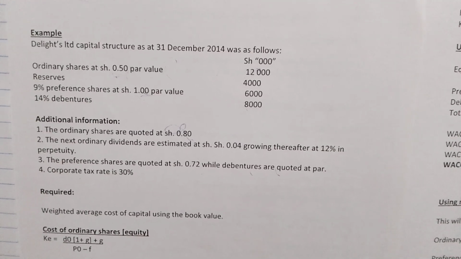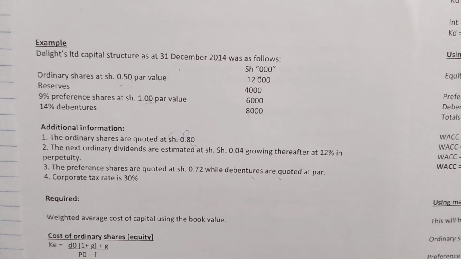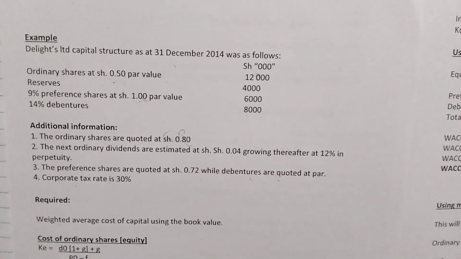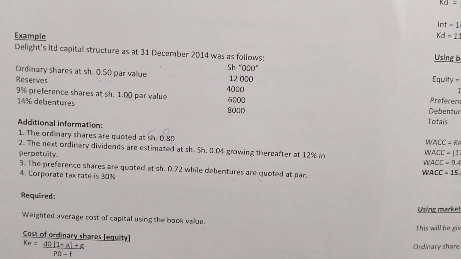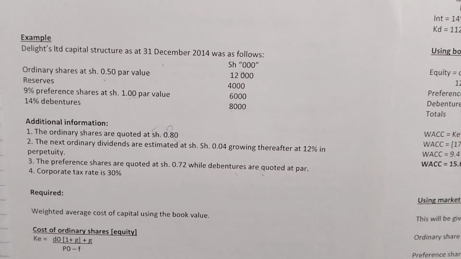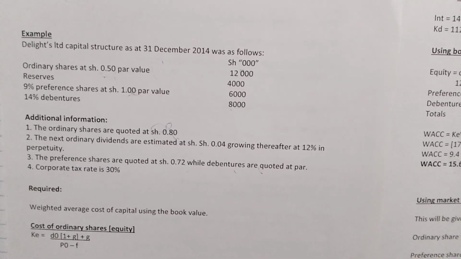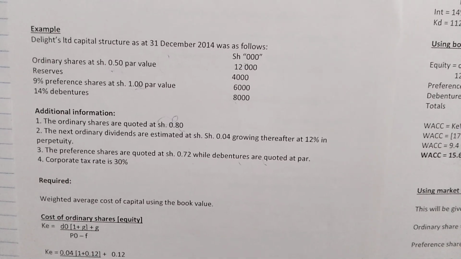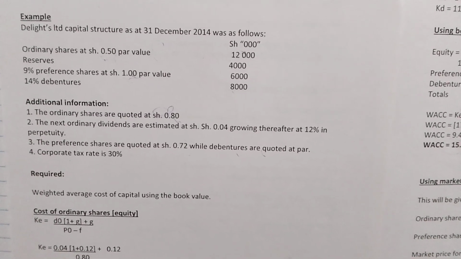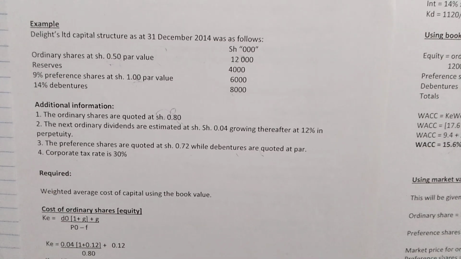You can get ATD books, that is Accounting Technician Diploma, where this chapter is tested and the fundamentals of finance. For CPA, you find it in intermediate level, that is financial management. In advanced level of CPA, you have it at the advanced level, advanced financial management.